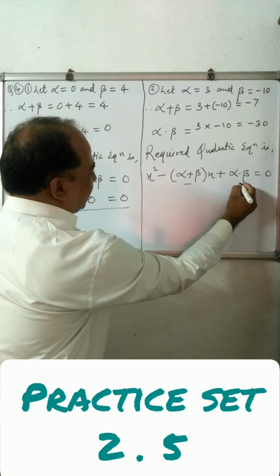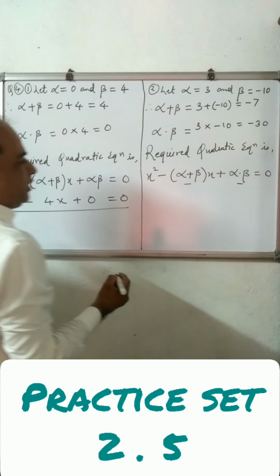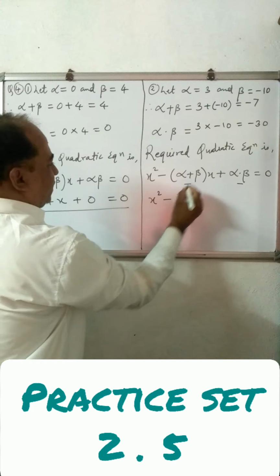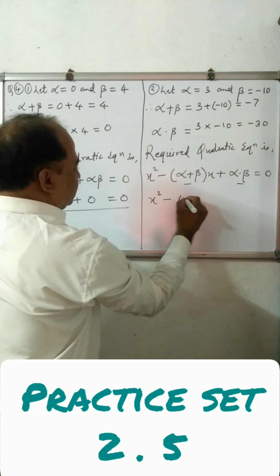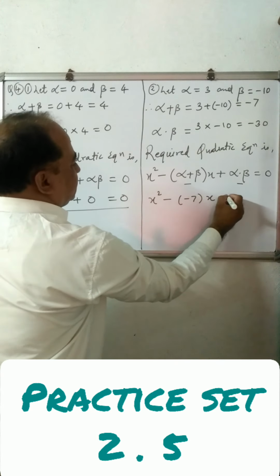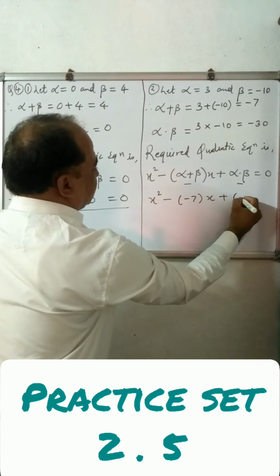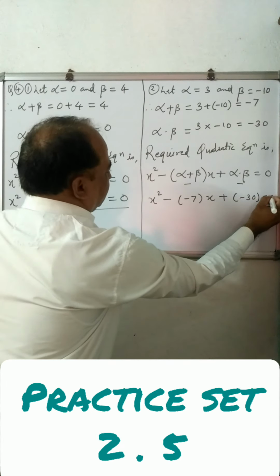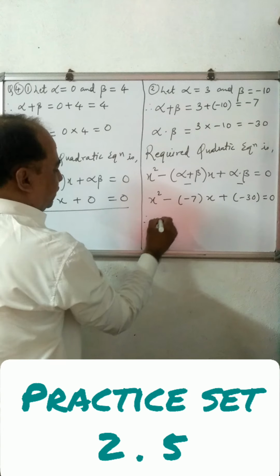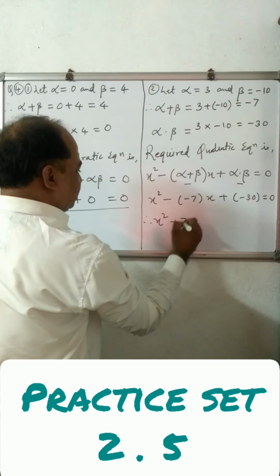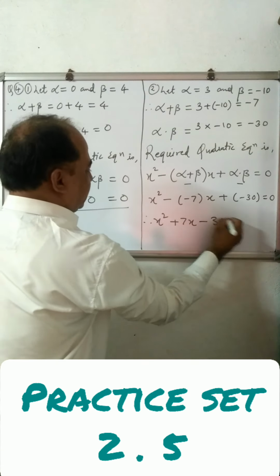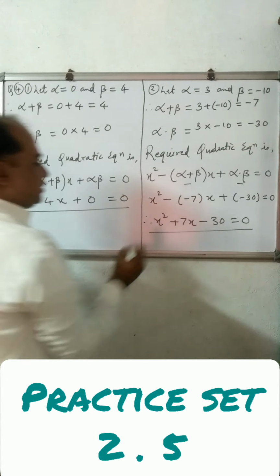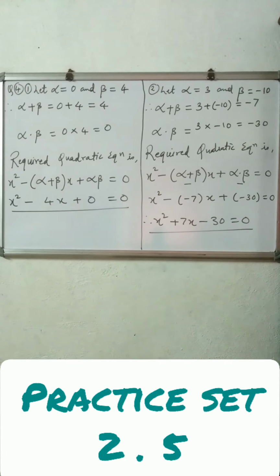So x square minus alpha plus beta, which is minus 7, x plus alpha into beta, which is minus 30, is equal to 0. Therefore, x square plus 7x minus 30 is equal to 0 is the required quadratic equation.